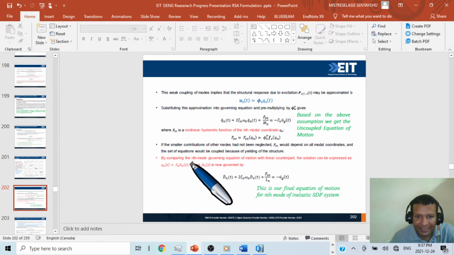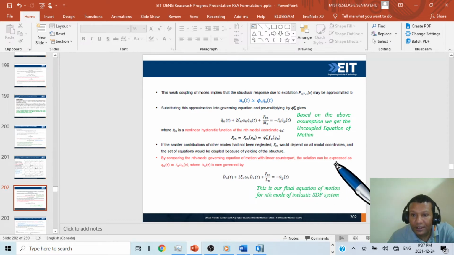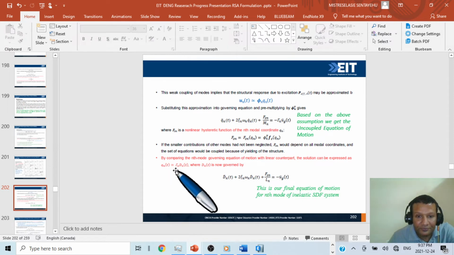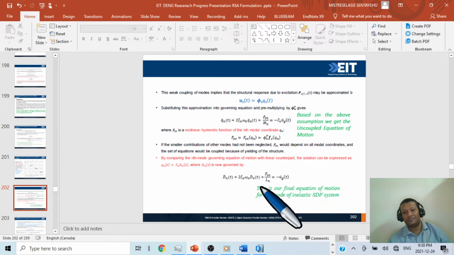By comparing the nth mode governing equation of motion with its linear counterpart from linear classical analysis, the solution can be expressed as Qn(t) is equal to Gamma n Dn(t), where Dn(t) is now governed by this equation. This is our final equation of motion for the nth mode of the inelastic single degree of freedom system.